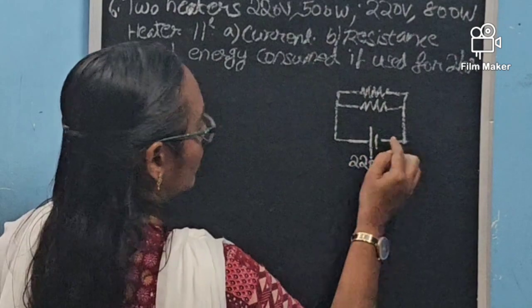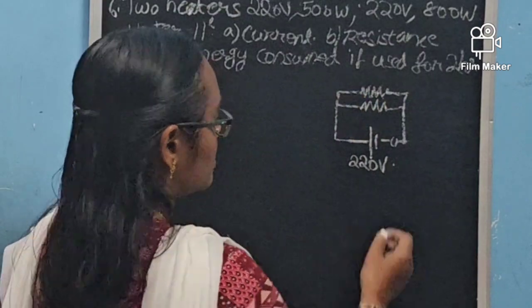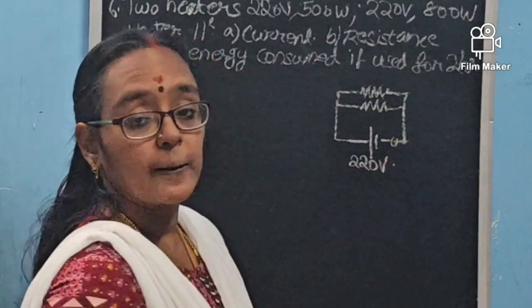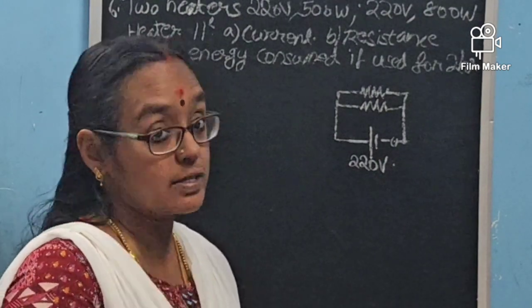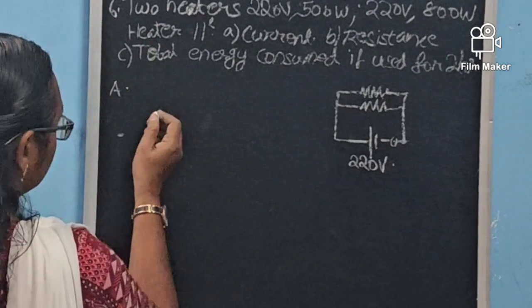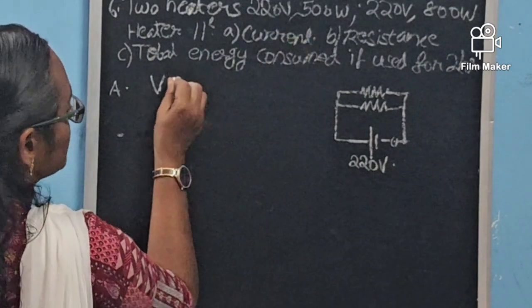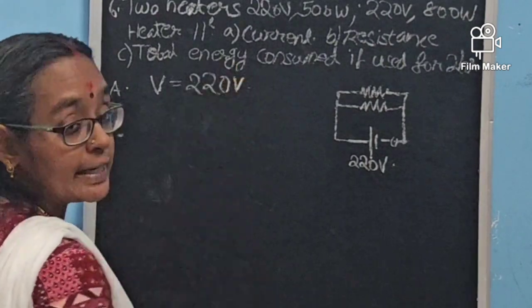And then what else? Two resistors are there. We have to find individual current and also individual resistance. How can we find out? What all things have been given over here? They have given, in all the cases, voltage remains same as 220 because it is a parallel connection.